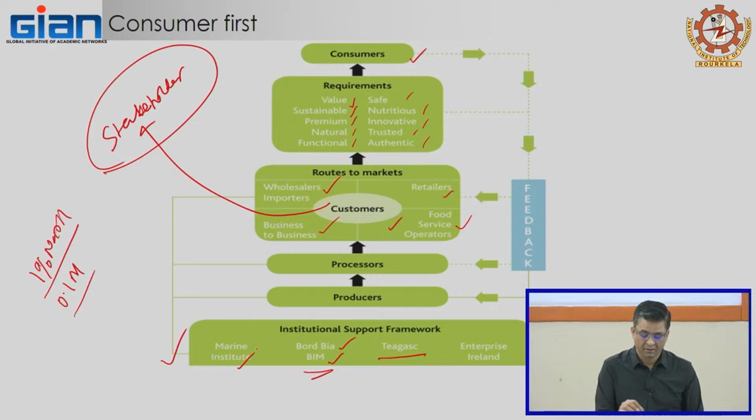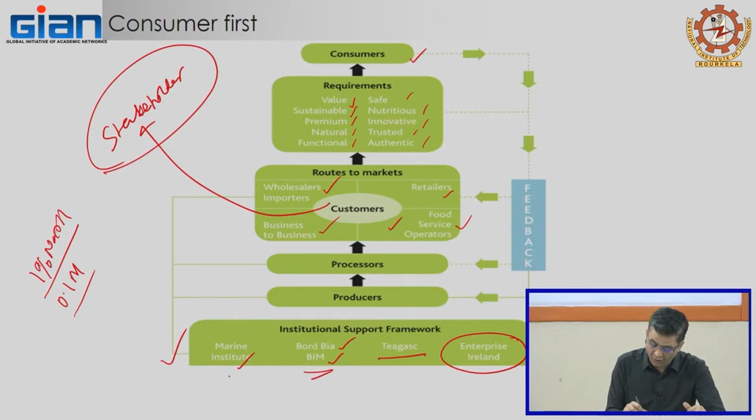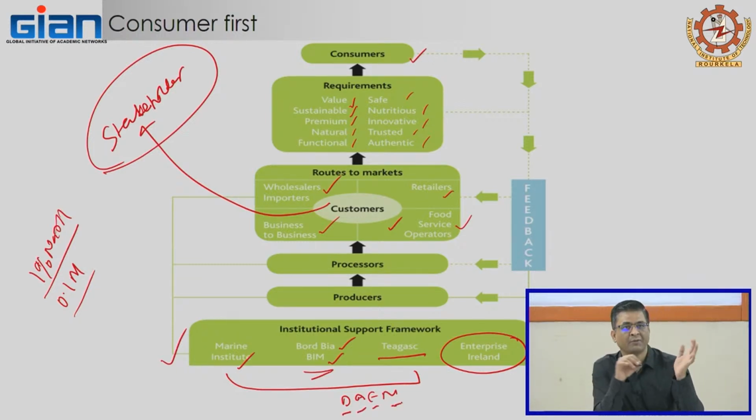These are the institutes, and Enterprise Ireland comes under the Department of Business, which is a different ministry. All these are part of DAFM, the Department of Agriculture, Food and Marine, that is the Ministry of Agriculture, Food and Marine. Instead of calling it a ministry, all are known as departments. That is the way the system works.